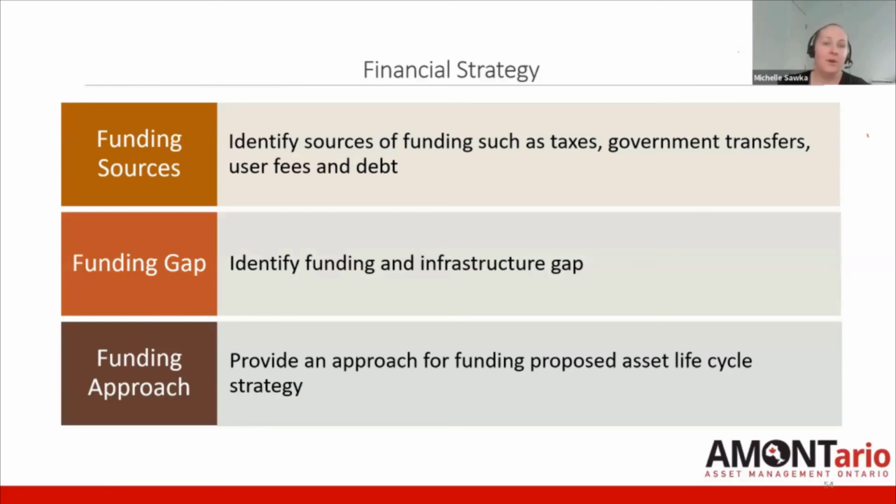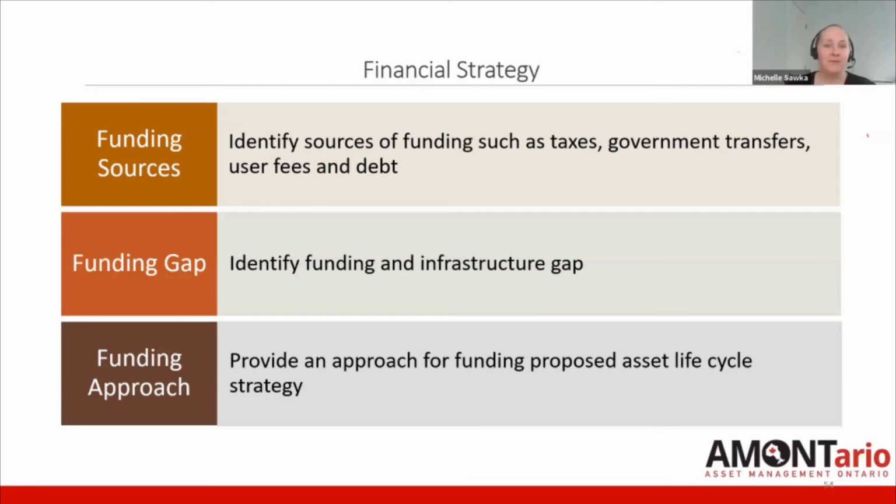This is also where you look at expenditure forecasting and determine the funding and potentially the infrastructure gap. The infrastructure gap is the gap between the optimal budget versus the planned available funding. And a lack of funding can result in insufficient investment, can affect levels of service, it can create higher risk of failure, and can also result in a cyclical higher life cycle cost, which is very frustrating.